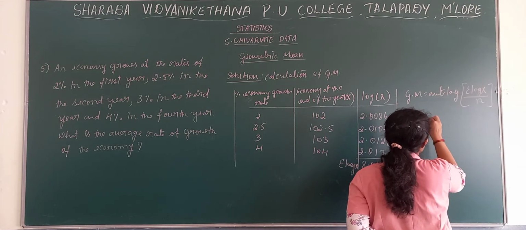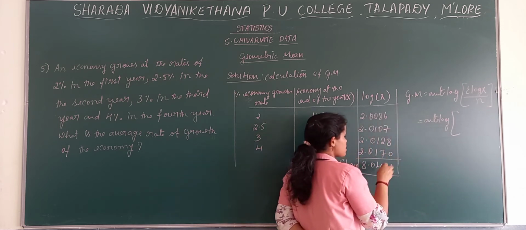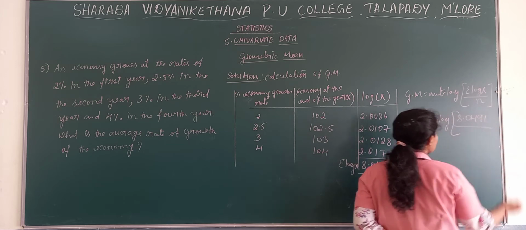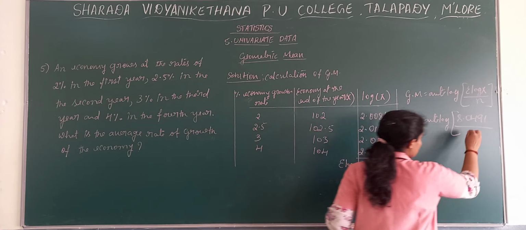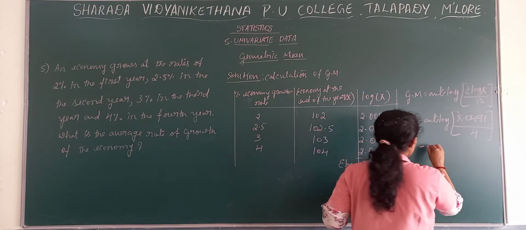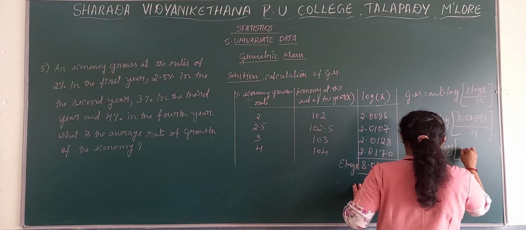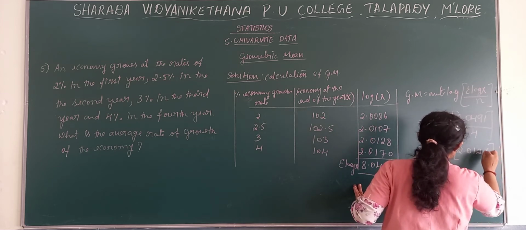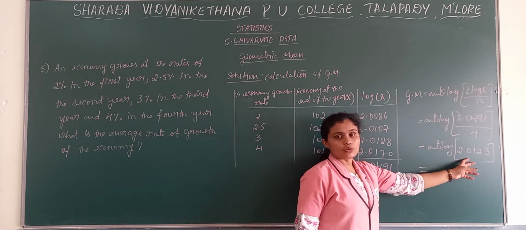Antilog of sigma log X, 8.0491 divided by 4, you get 2.0123. Now antilog you have to find out.